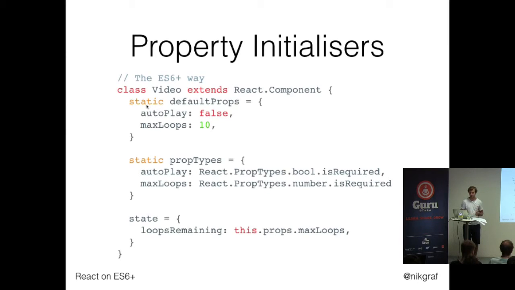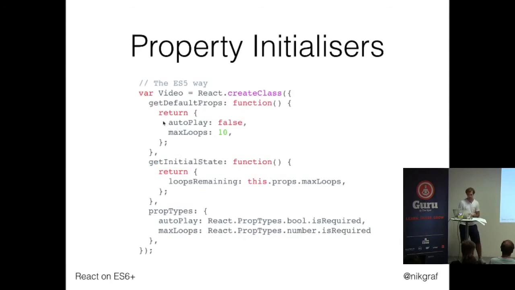But what you get is, for example, static properties. So you can have these default props, or these prop types, which should be on a class level, and then you get the state, so you can assign the state here, which should be on an instance level.